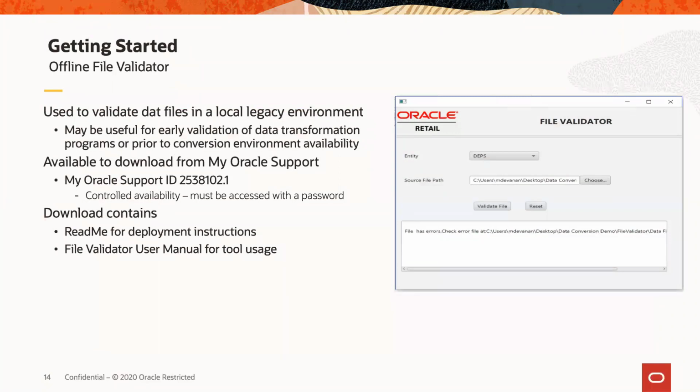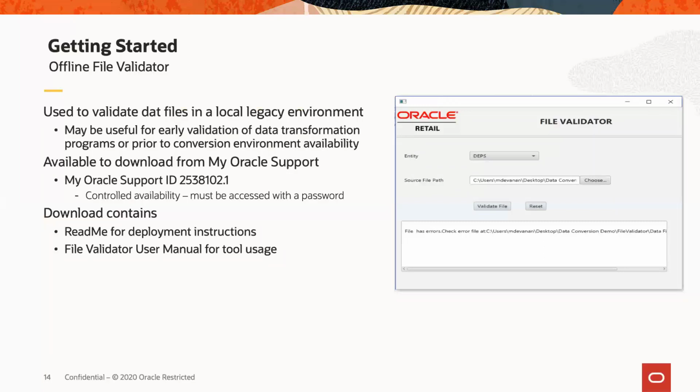To help get a jump start on the conversion process, there is an offline file validator tool that can be downloaded. It's available on My Oracle Support, and it does some of the same validations against the data that are done in the tool. This might be helpful while you're waiting for your provisioned environments to be available.